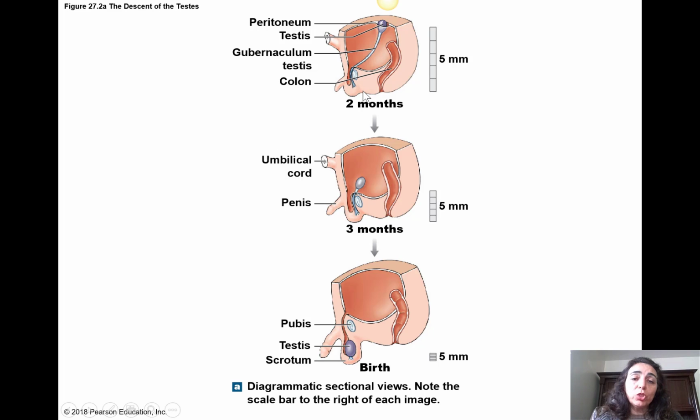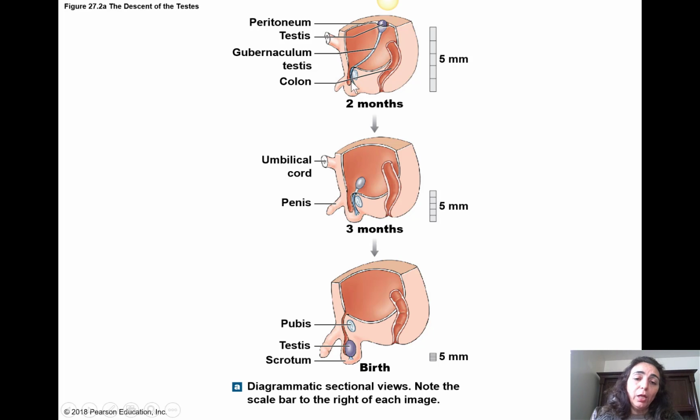Here you see the picture that shows the embryo at 2 months of development. You see this part of the body, from near the kidney all the way down, is about 5 millimeters, half a centimeter. You see how short it is. Here you have a testis, one single, and the gubernaculum testis attaching to the testis at one end and to this part of the body at the other end.